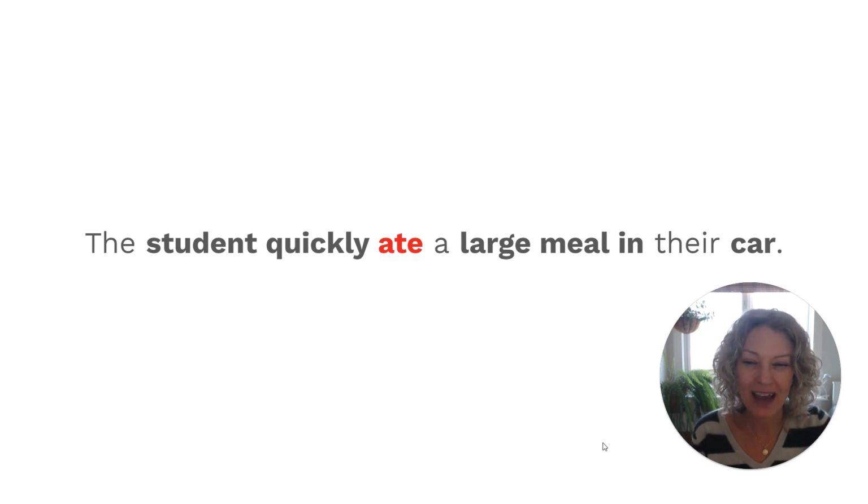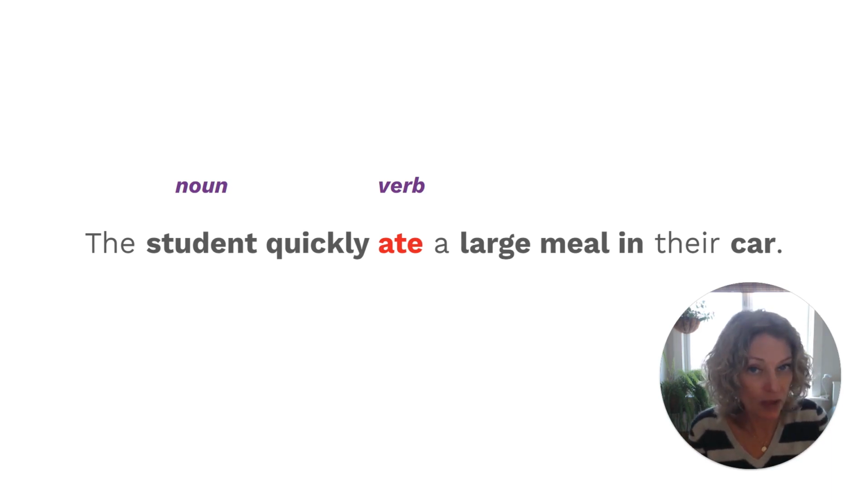I hope you guessed ate. Okay, so that's the action. That's our verb, our past tense verb. And whenever you have a verb, there has to be someone or something that is doing that action. So who or what is eating? Well, that's going to be our noun, and that is the student. So remember, nouns are people, places, or things. So what's a student? A student is a person.